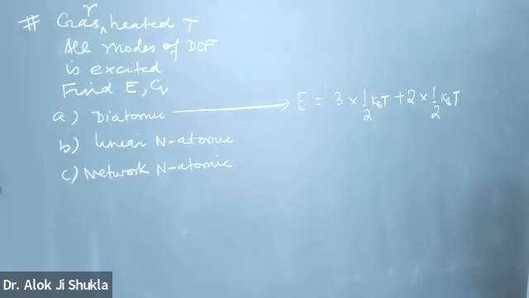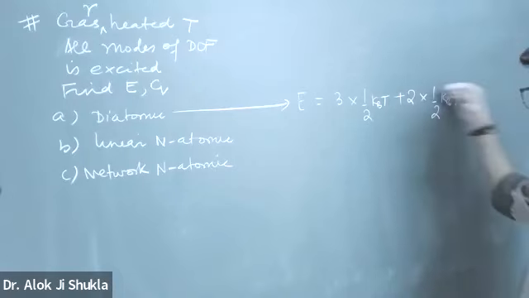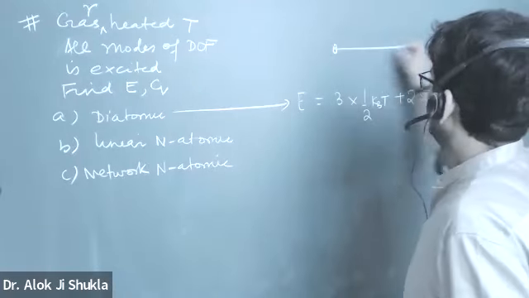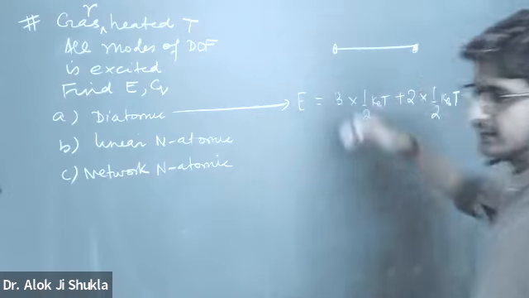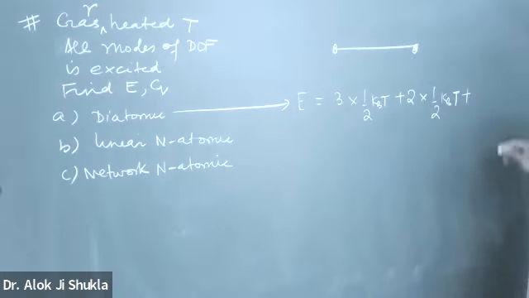And 1 vibrational mode is present because the diatomic molecule can vibrate like this. 1 mode corresponds to 2 degrees of freedom, so it will be 1 half kBT into 2.